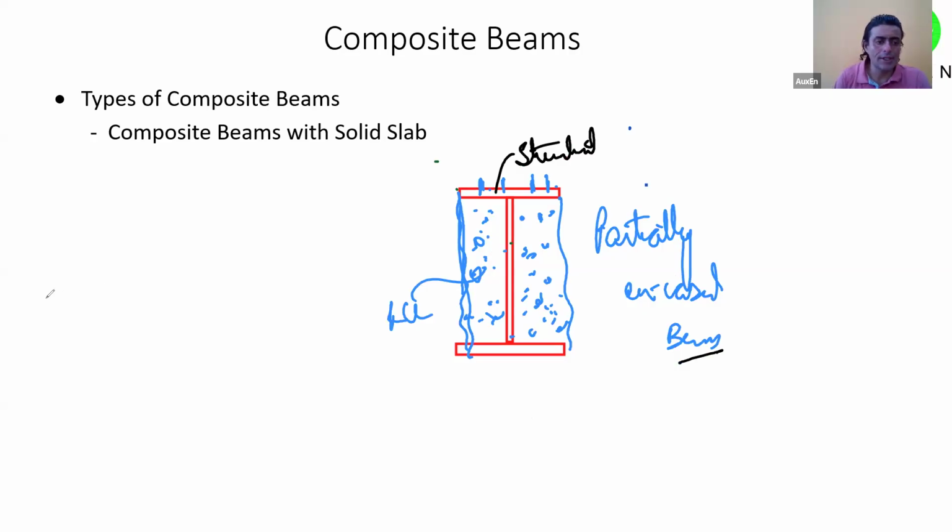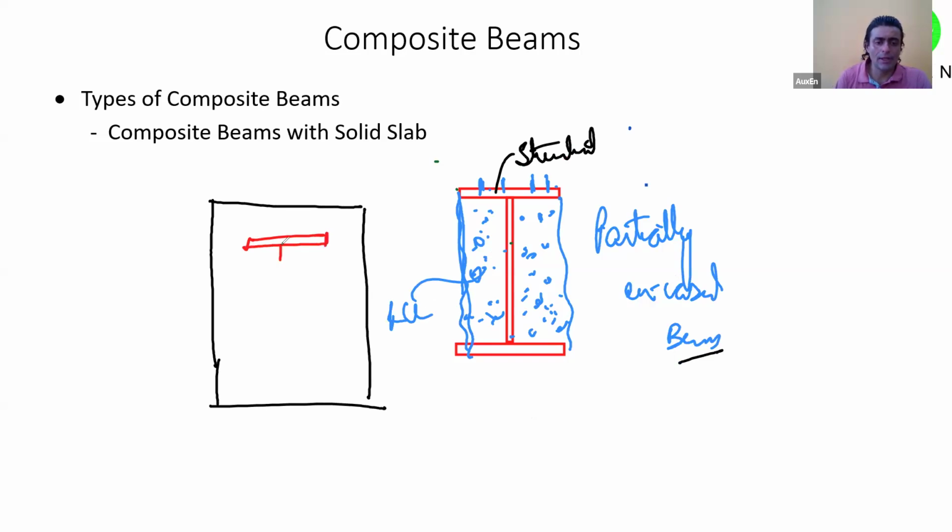If I were to use a section where I had a larger RCC element like this, and inside it I put a beam fully encased inside, then this type of section I'll call what? So this is complete RCC and an I section beam has been put completely inside it.